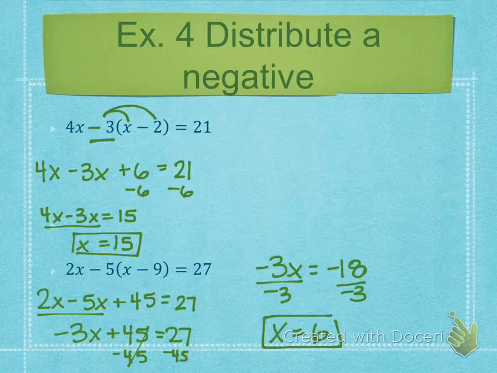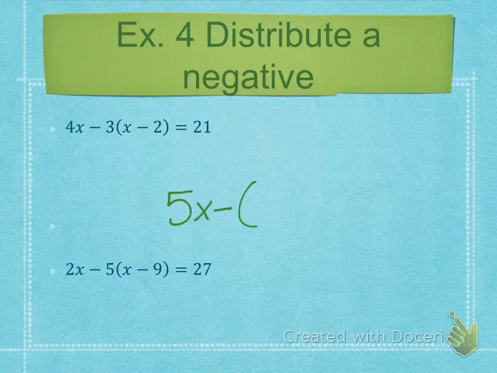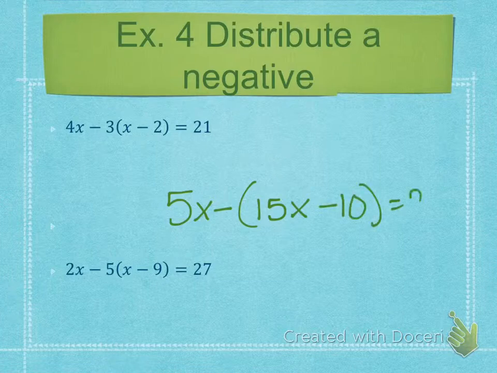All right, now there's one other type of problem that I want you to write down that I did not give you on your notes, but I want you to know how to do. This problem right here. Everyone write this one down. All right. Once you write this problem down, do you see anything that needs to be distributed?